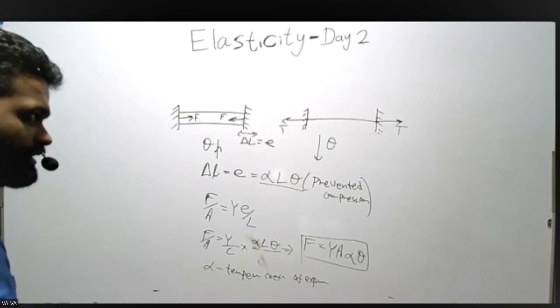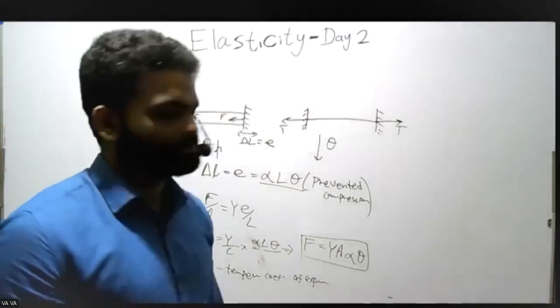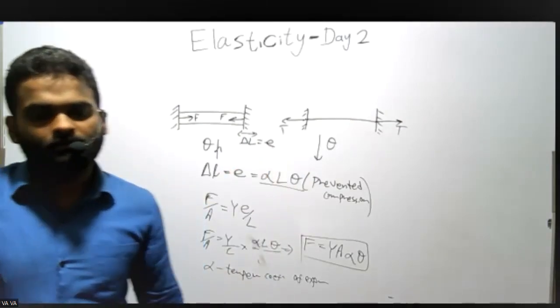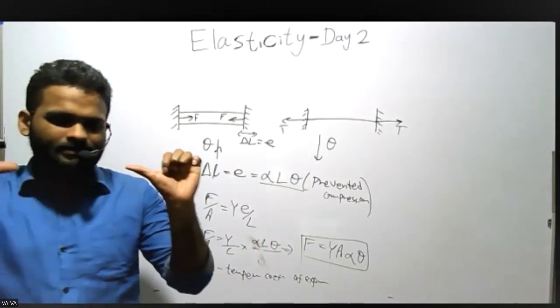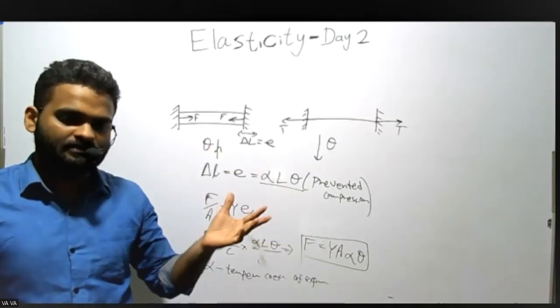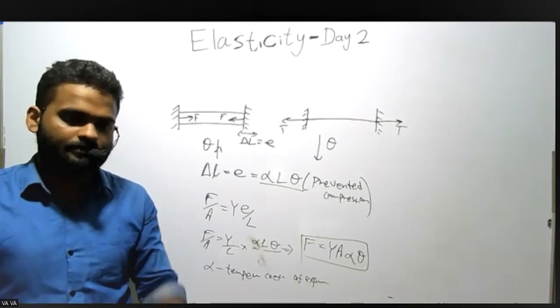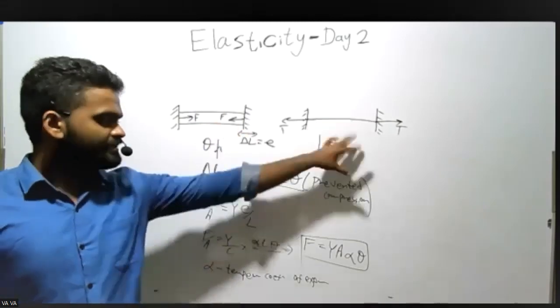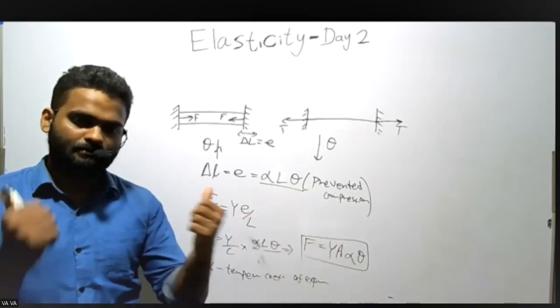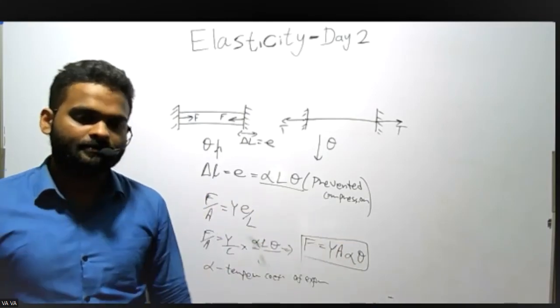Yes, the compression and tension forces act in opposite directions, but the magnitude, we treat them similarly, right? Those are two types of forces. But for both cases, we can apply this model. You will get the same result. But the directions are different, right?